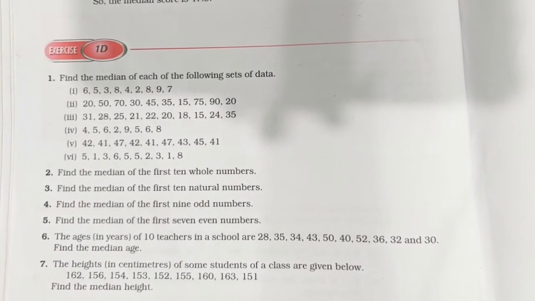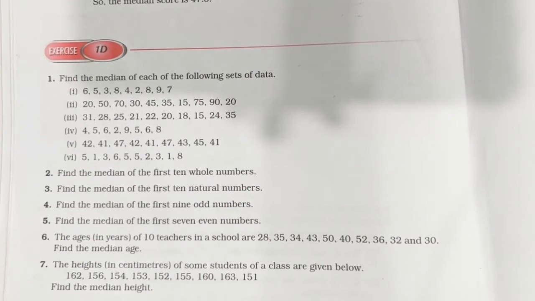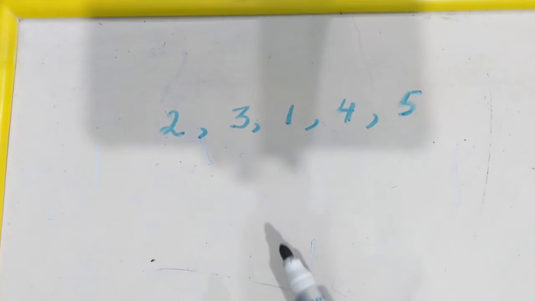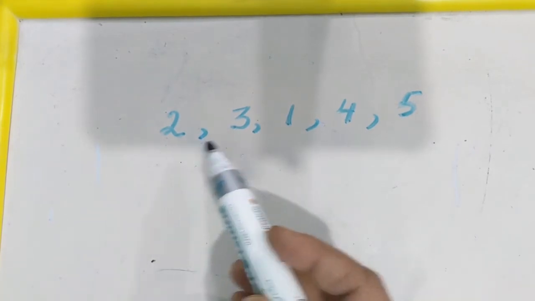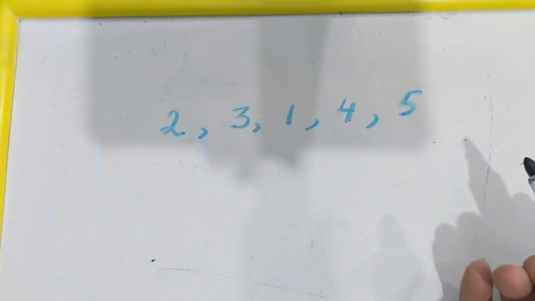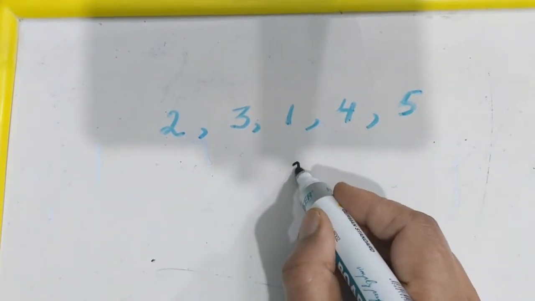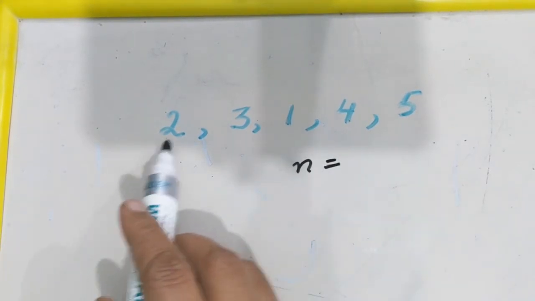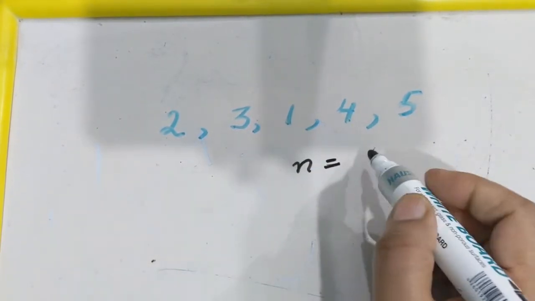I'll explain you with the help of an example. Look at this example. Children, here you see, you have 5 numbers: 2, 3, 1, 4, 5. And if the question comes, find their Median, what is the first step? To find n. And n is the number of observations: 1, 2, 3, 4, 5.